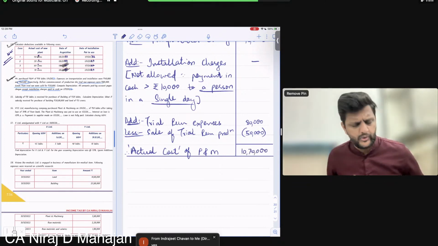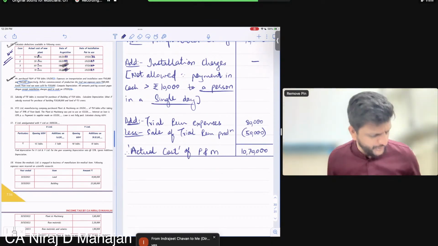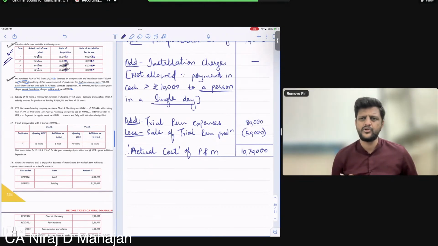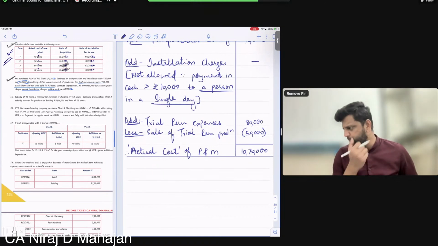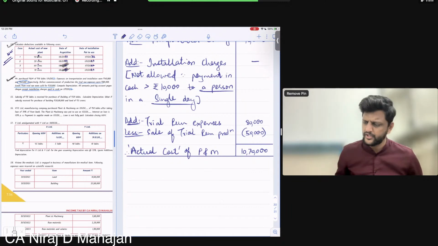See, other details are not given to us. When was it actually put to use? Is it given to us? Put to use. When was the trial run done? We don't know. Or trial run commenced and all of that put to use. And we don't know manufacturing also. So I'll simply say assumed put to use more than 180 days, and I'm ignoring additional depreciation. Okay, because it is not given in the data.